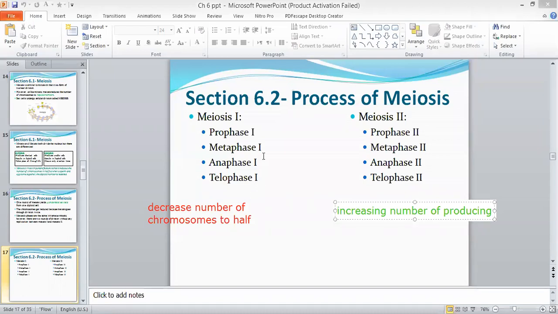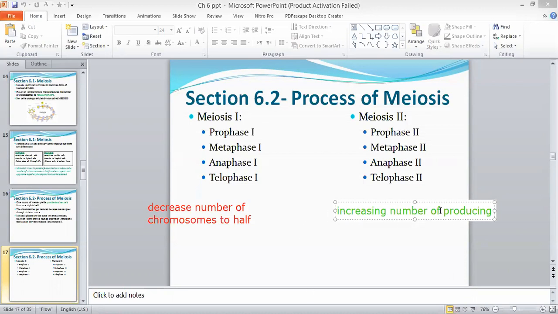So the first meiosis produces 2 cells, but the 2 cells contain half the number of chromosomes. The second meiosis, or meiosis 2, is just for increasing the number of producing cells. Meiosis 1 produces 2, so it will be duplicated in meiosis 2, or stage number 2.